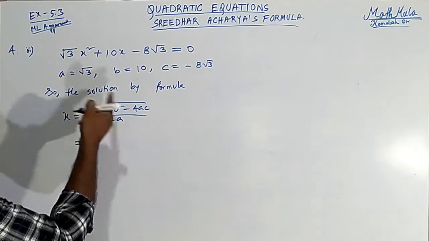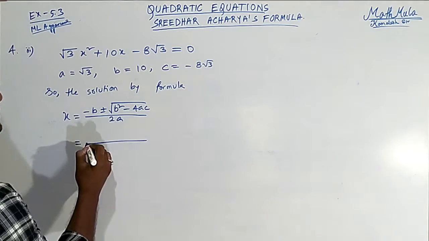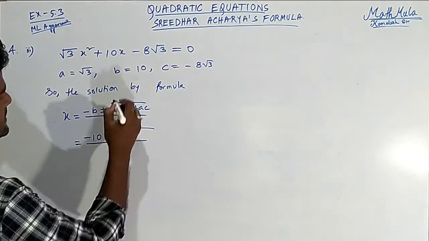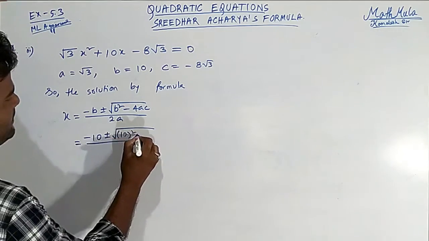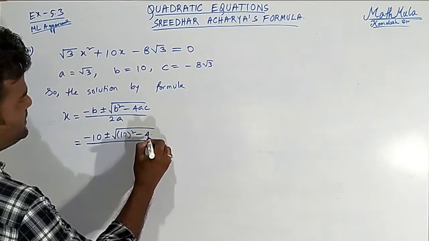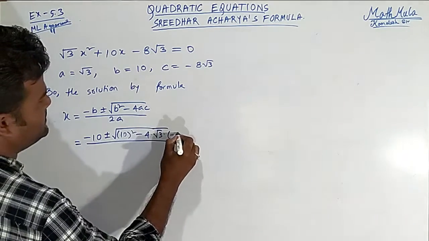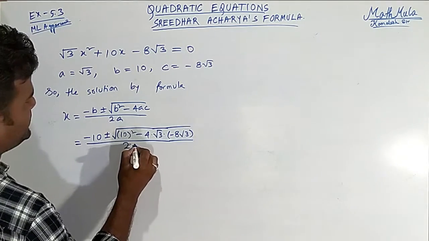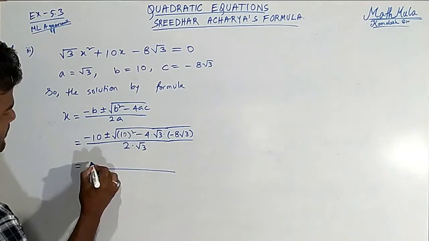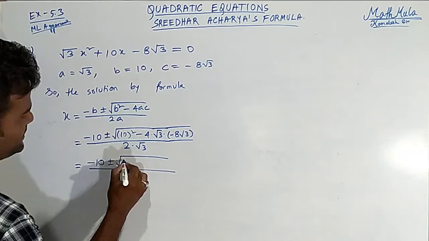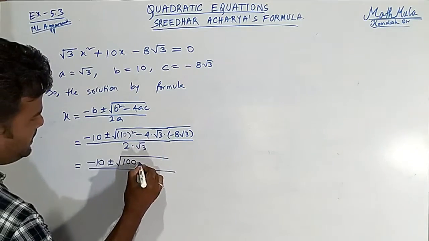Now putting the values of a, b and c from the given equation, that is minus 10 plus minus root over 10 whole square minus 4 into a, that is root 3, and c, that is minus 8 root 3, by 2 into root 3.